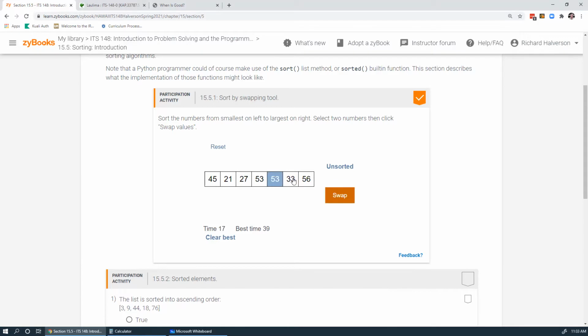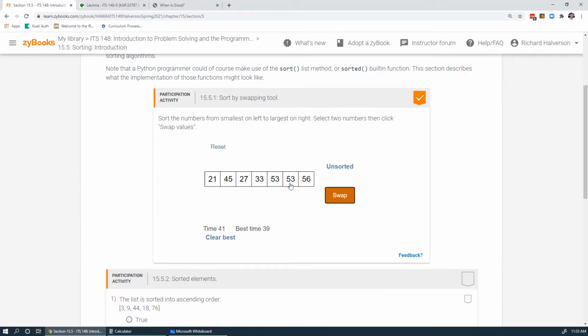And then 33 is smaller than 53, so swap it. And then these two, 33 is smaller than 53, so swap it. These two is fine. These two is fine. These two, 21 is smaller than 45, so swap it. Okay, now I know I got the 21 in the right place. That's all I know. So we can go all the way back up and start again.